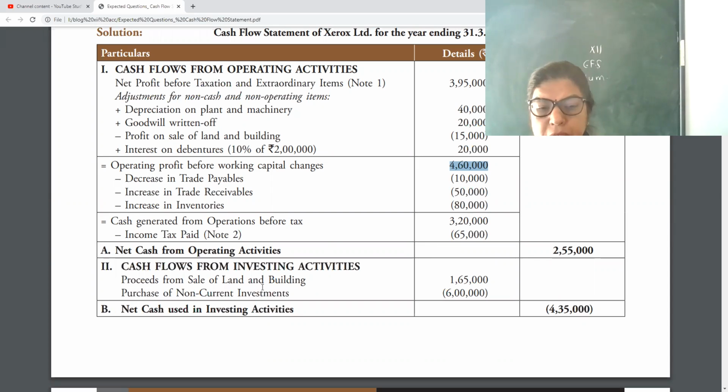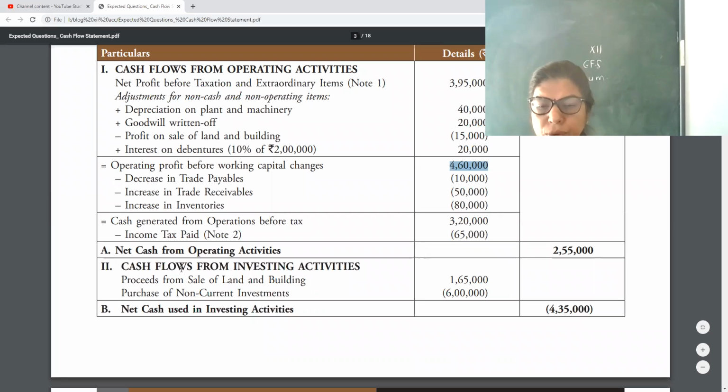So when we purchase any fixed asset, the cash is outflow. See, that is given here. And proceeds from sale of land and building means cash inflow because the organization is selling the land and building. So that is cash used in investing activity.